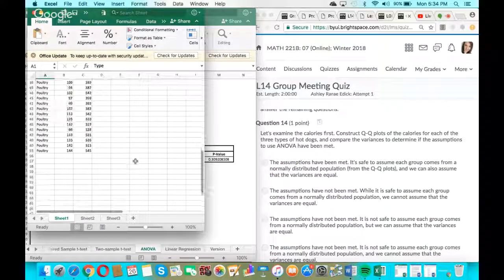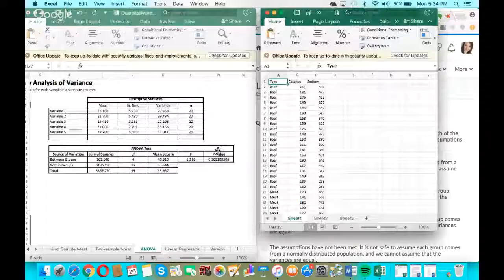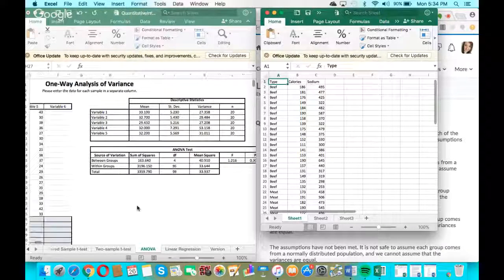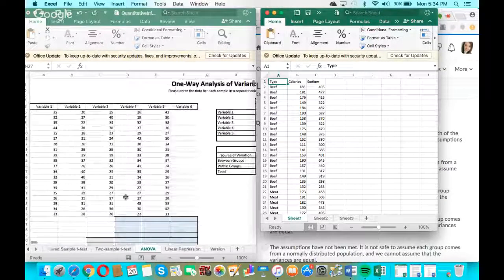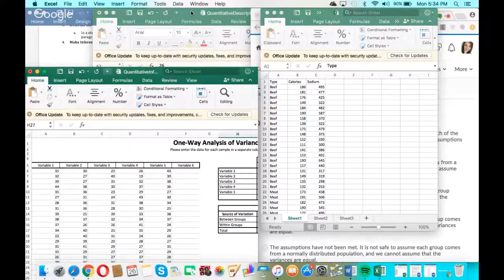So calories is what we're looking at. So what happened to my Q? Did I exit out of it? Oh, I didn't. It's right here.